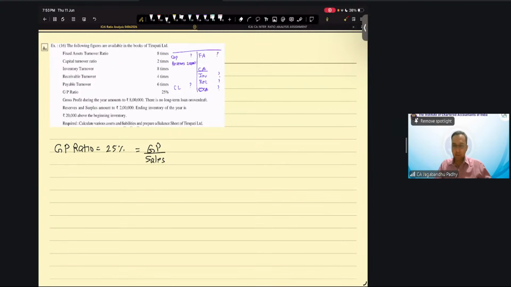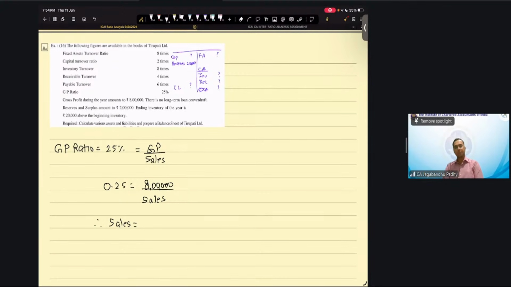So 0.25 is equal to gross profit of 8 lakhs upon sales. So the sales value is going to be 8 lakh divided by 0.25.